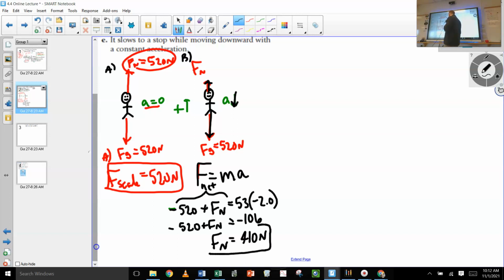And that checks out. That makes sense. It should be less than 520. So yeah, my scale reads 410 in this case. Part B.